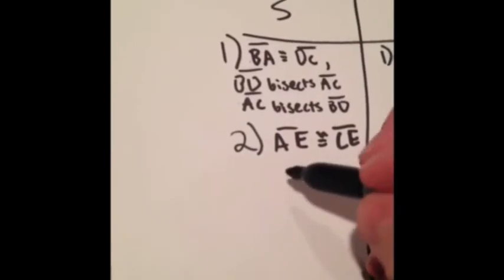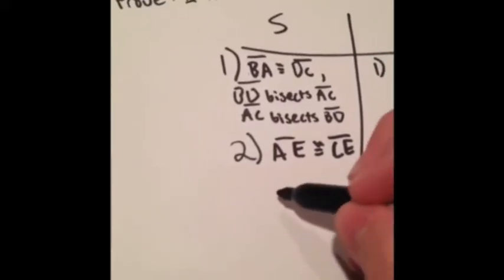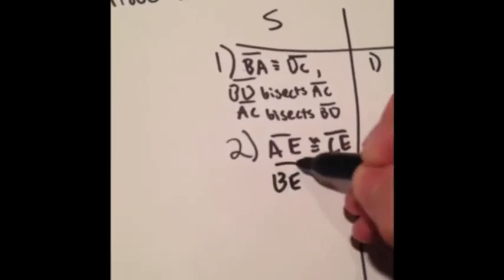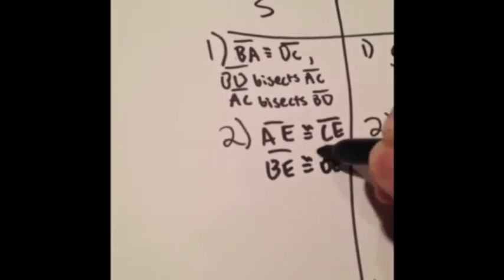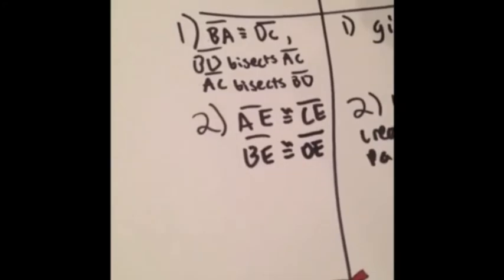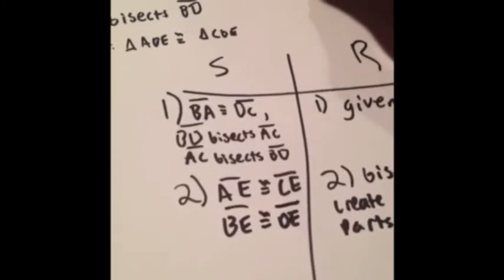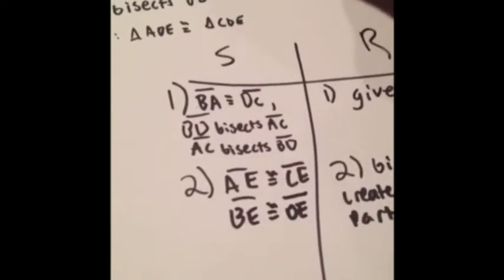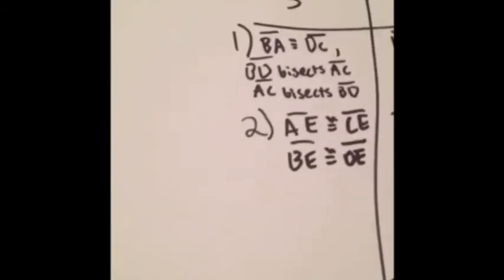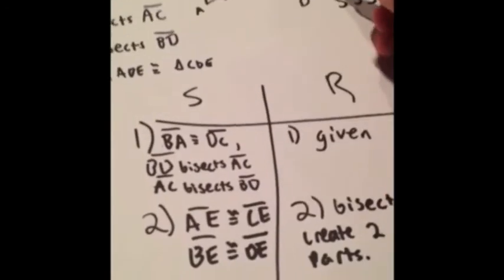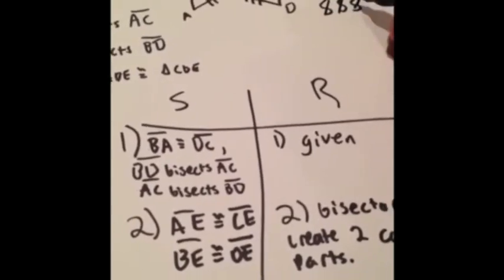So that would mean that BE is congruent to DE. And then you would want to mark that on your diagram. So just like that. And then you have all three sides. So you'd want to cross it out right there.